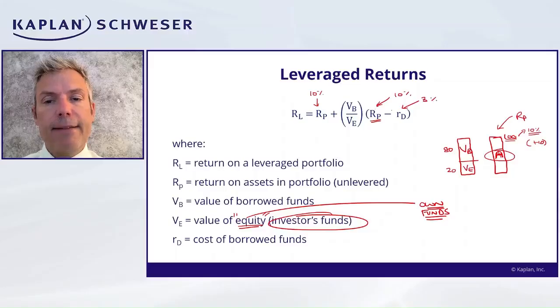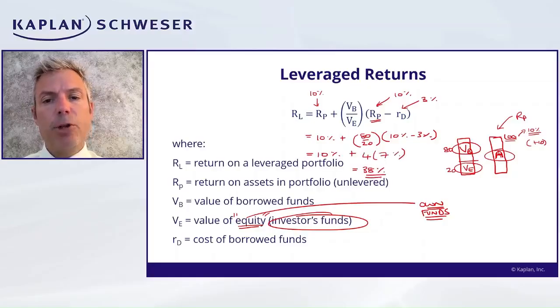You also earn that net 7% on essentially this multiple, how much you've borrowed relative to how much you've actually put up. So in this particular case, you'd be earning 10% plus 80 over 20, lots of 10% minus 3%. That's me just doing these numbers quickly. What have we got? We've got 10% plus 4 lots of 7. All right, 4 lots of 7 is 28. So I've actually got 38%. So there is your leverage, your gearing, right? We've gone from an unlevered return of 10% up to a geared return of 38%.